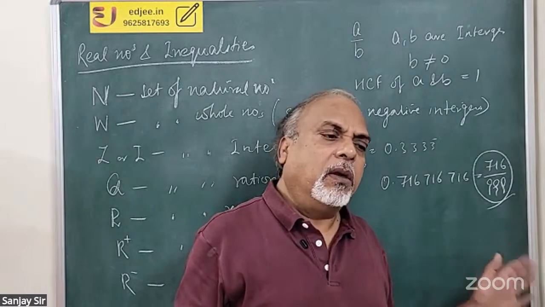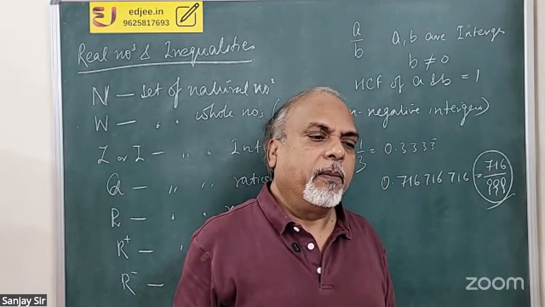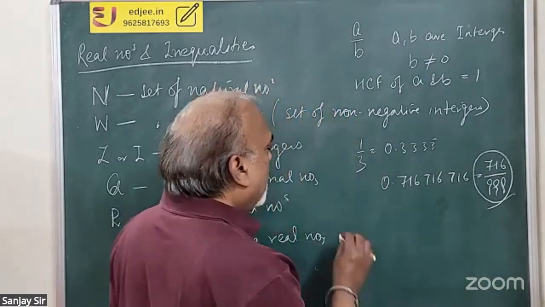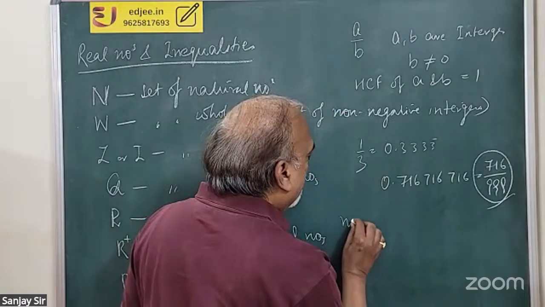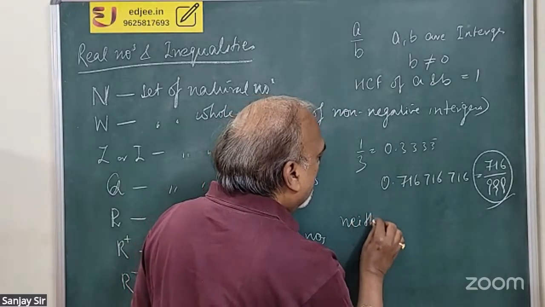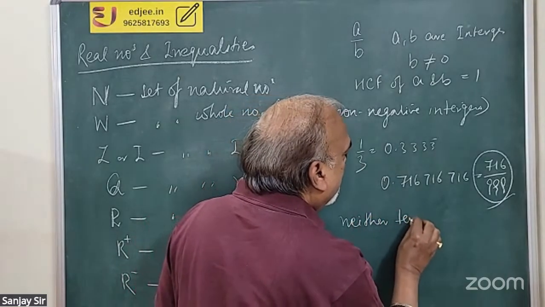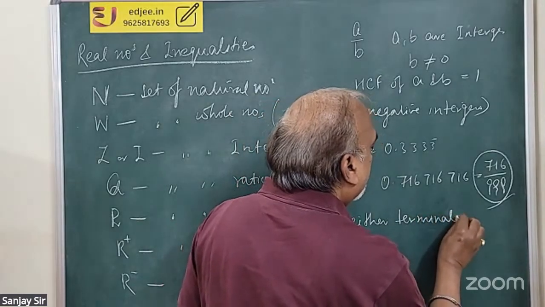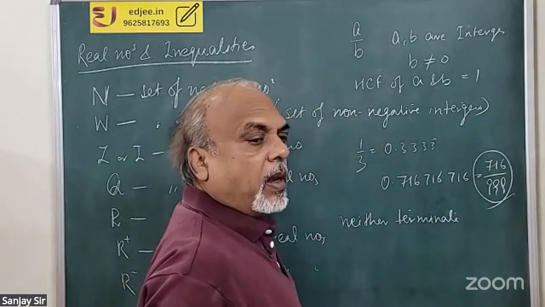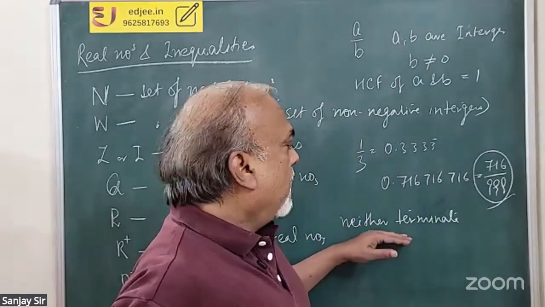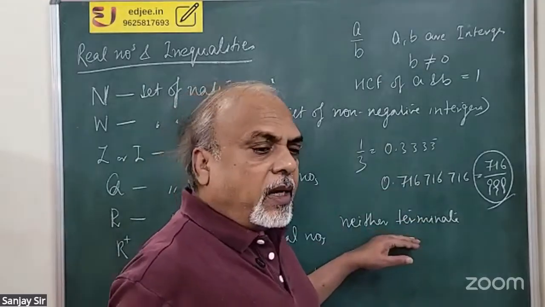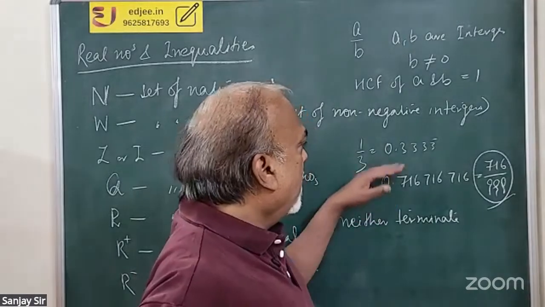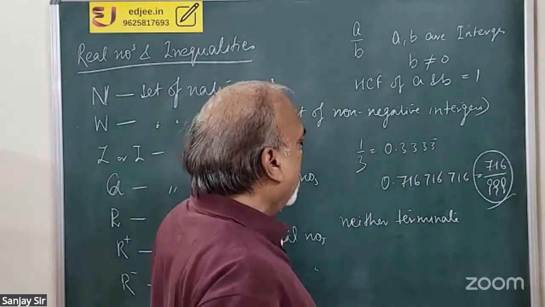Now, what are irrational numbers? Irrational numbers are those which are not rational numbers. Means when these decimal values neither terminate nor can be expressed in terms of recurring numbers.